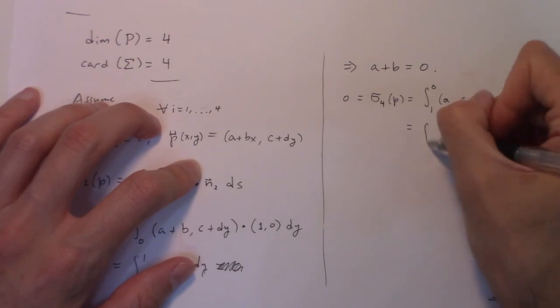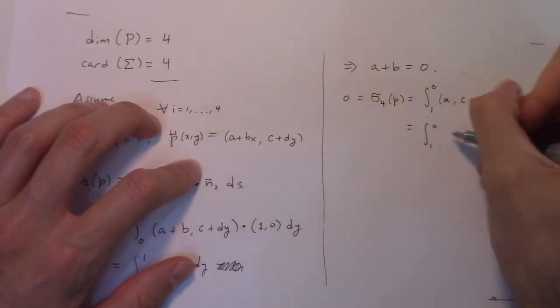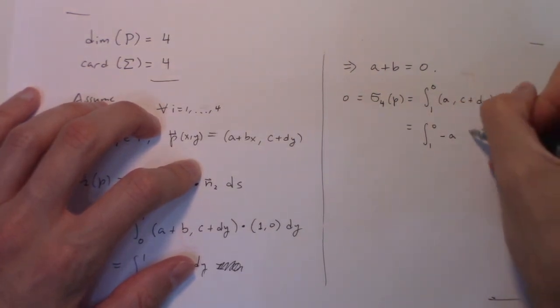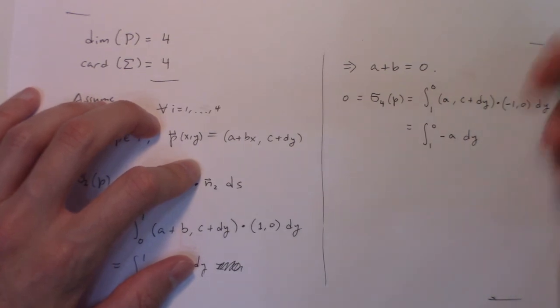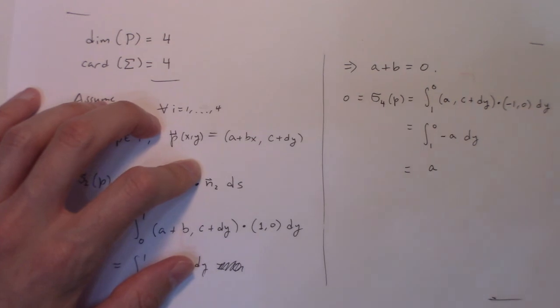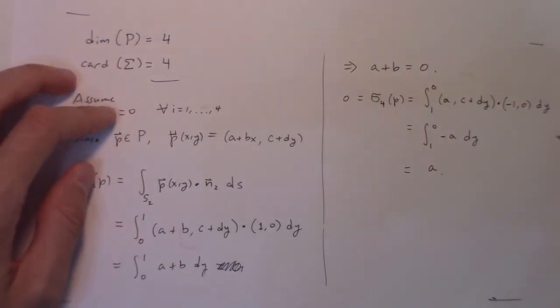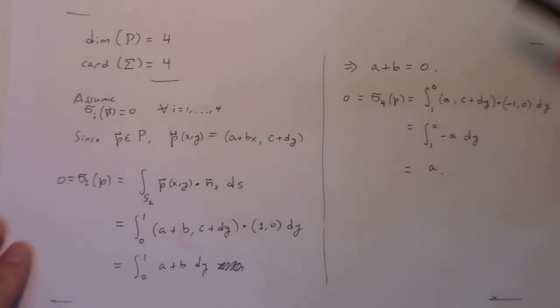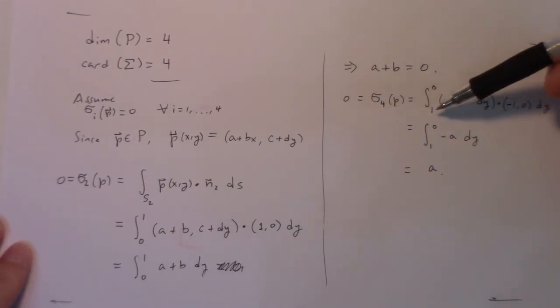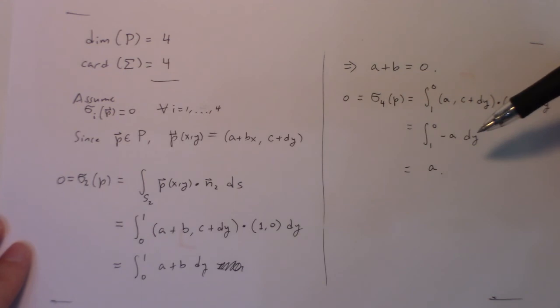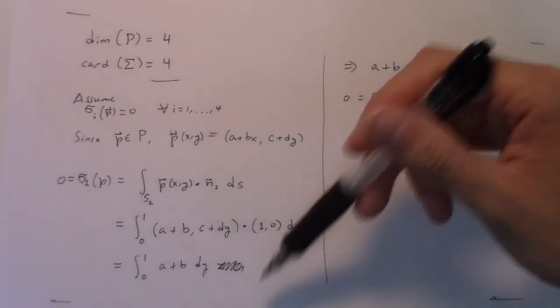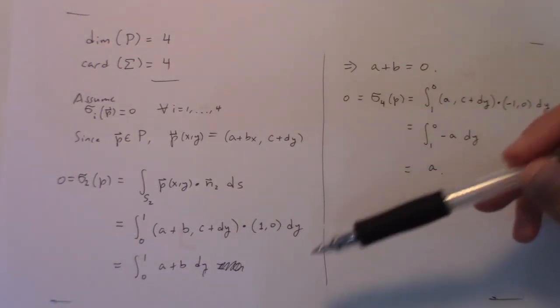So this is the integral of negative a dy, and that is negative a. That means a is 0, and if a is 0, then from our previous conclusion, b is 0. So you can keep doing these.